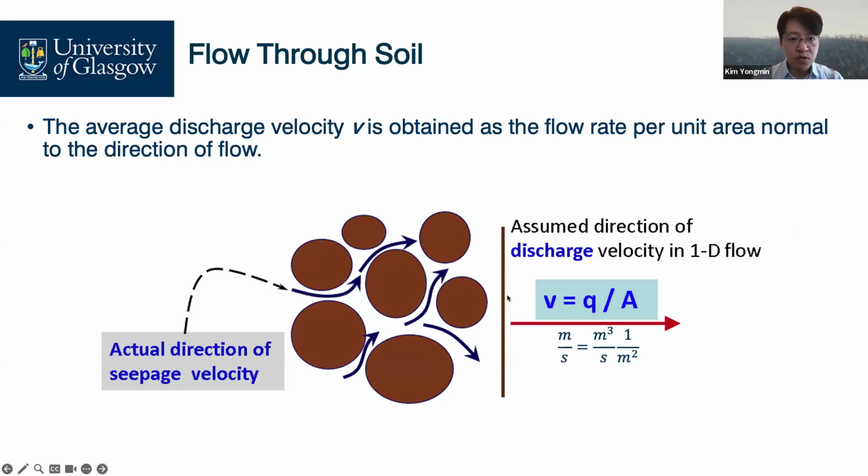Actually, from here to here is the total A, and Q is the discharge rate. The unit is cubic meter per second. And this divided by area gives the velocity, the discharge velocity.